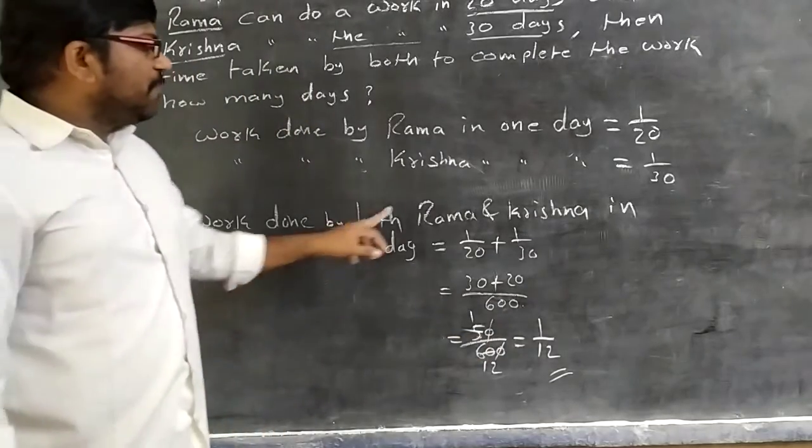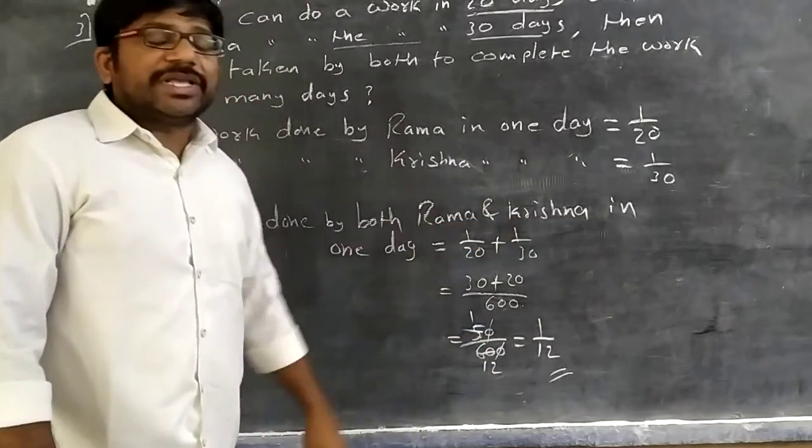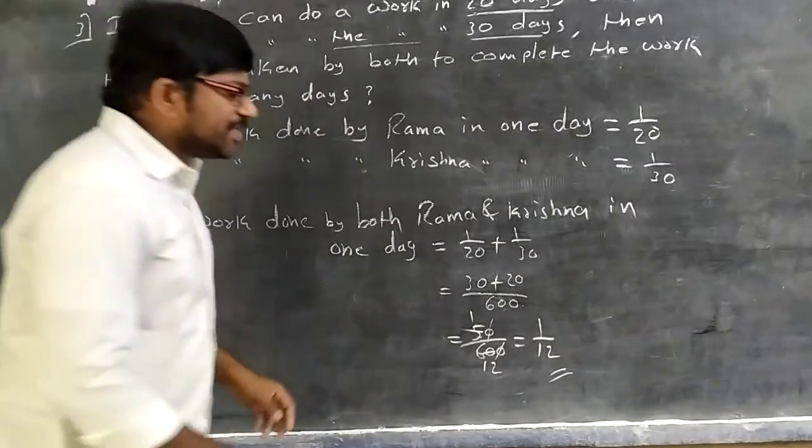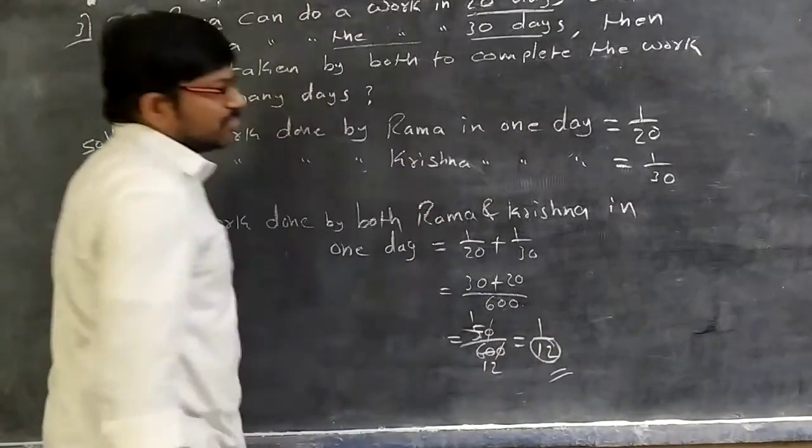Okay, so if Rama and Krishna both together complete the work, in how many days? Only 12 days, right?